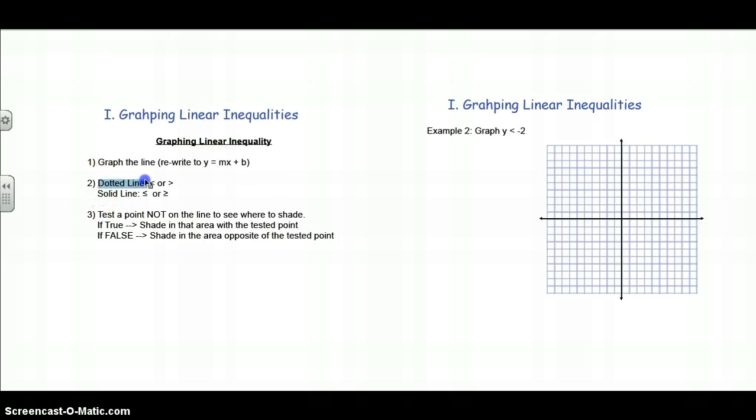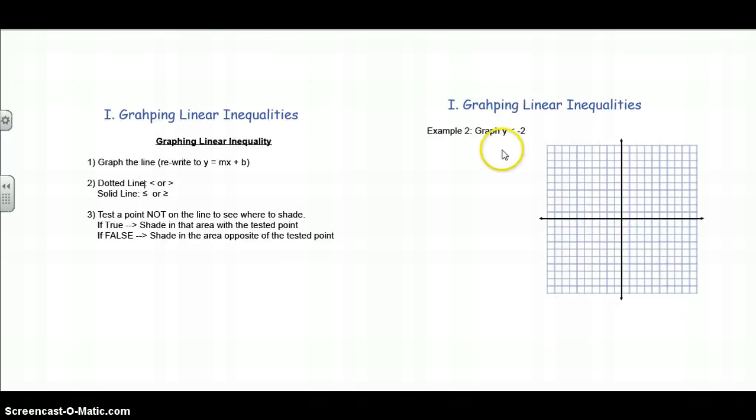You want to use a dotted line for less than or greater than, and a solid line for less than or equal to, or greater than or equal to. And then test a point not on the line to see where to shade. If it's true, shade in that area with the tested point. If it's false, shade in the area opposite of the tested point.